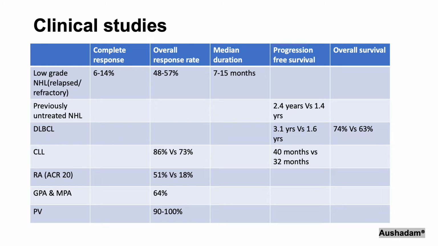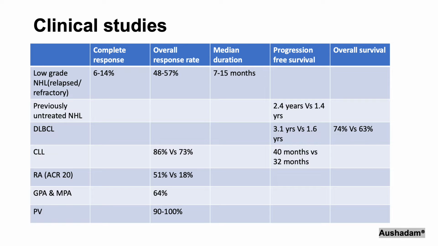Patients who do respond have a median duration of response anywhere from 7 to 15 months. I have a separate lecture about how to better understand the terminology of these specific terms like progression-free survival, overall survival, etc.